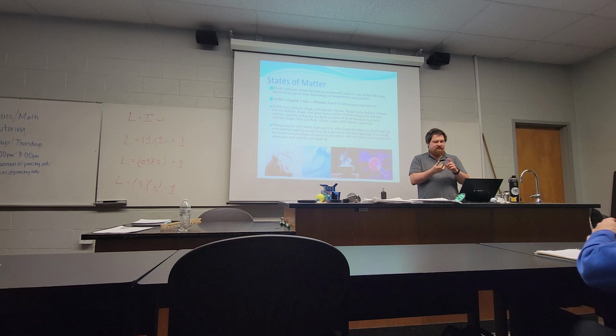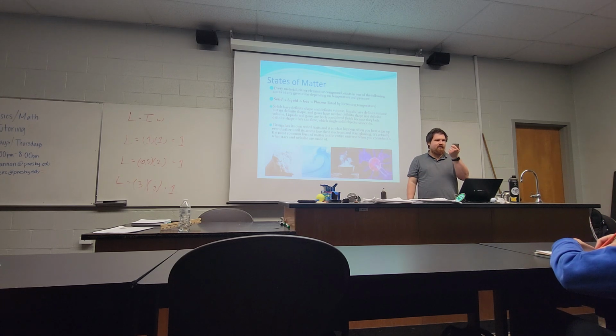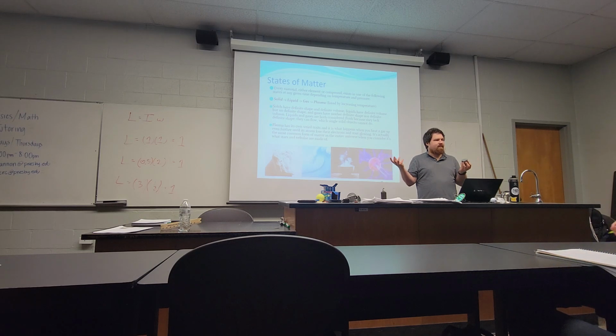External processes have to change its shape, and likewise, it would take an external process to change the volume of this object. If I wanted this to take up a different amount of space, I would have to manually crush it or rip it apart and reshape it myself. So solids have definite shape and definite volume.